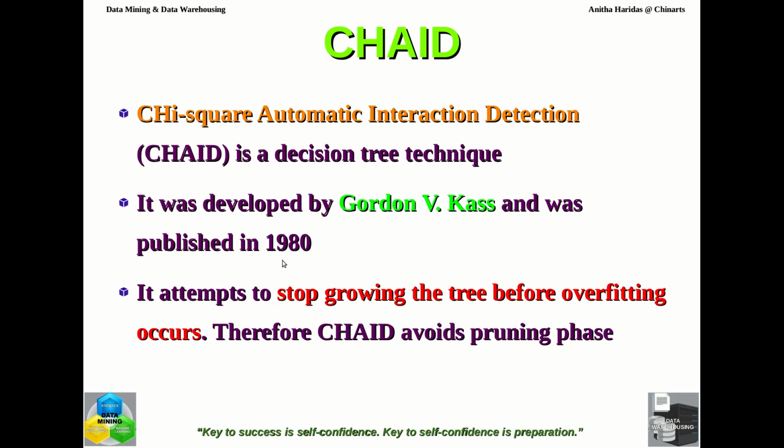Now this particular algorithm attempts to stop growing the tree before overfitting occurs, right? When we discussed the construction principle of the decision tree, we had seen the overfitting problem can be avoided in between, during the construction of the decision tree, or after constructing the fully grown tree.